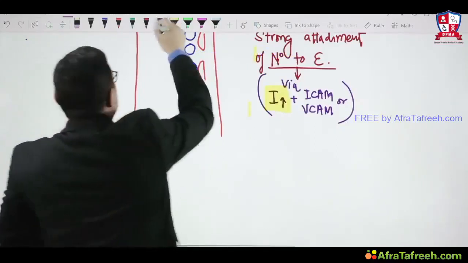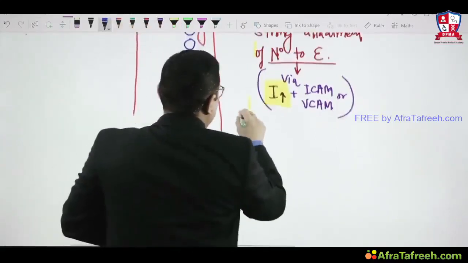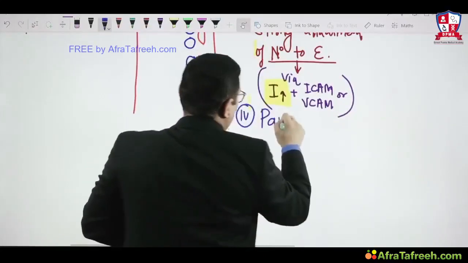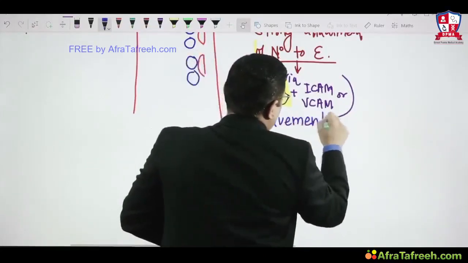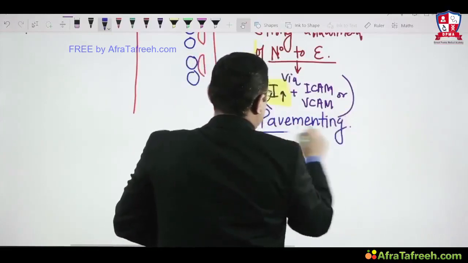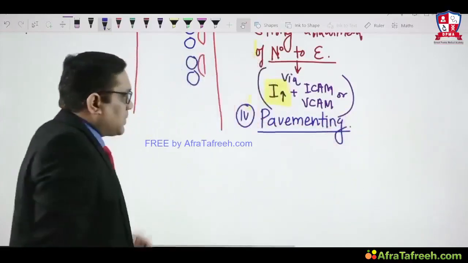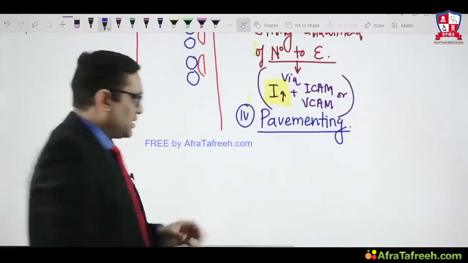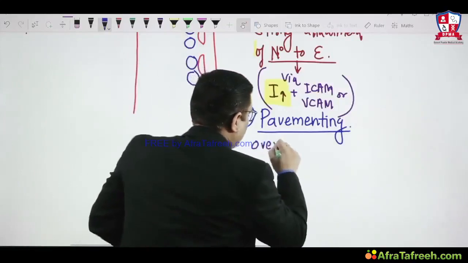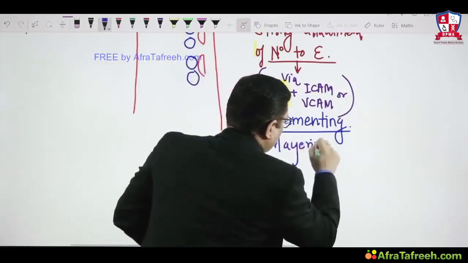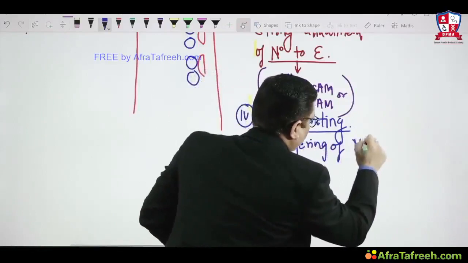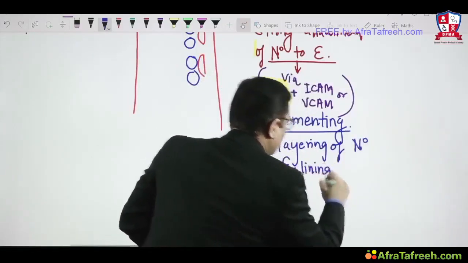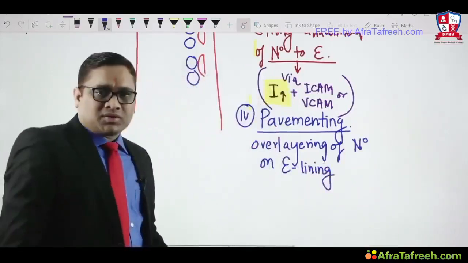So this is the fourth step, layering of neutrophil. What is pavementing? Layer of neutrophil lying on the endothelial lining, right? I will write overlayering of neutrophil on endothelial lining. This is called pavementing.